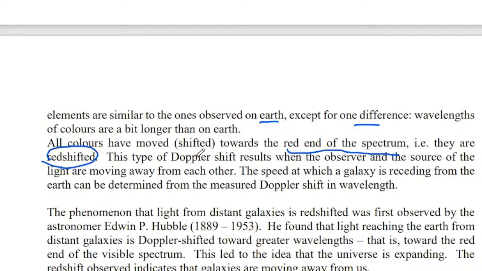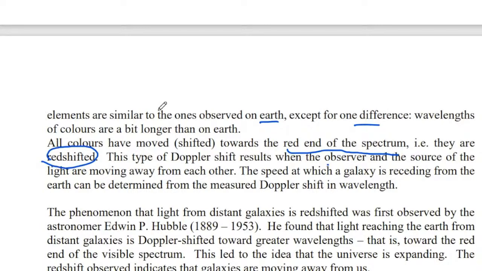This type of Doppler shift results when the observer and the source of the light are moving away from each other. If the source of the light is moving away, then we shall observe a redshift.